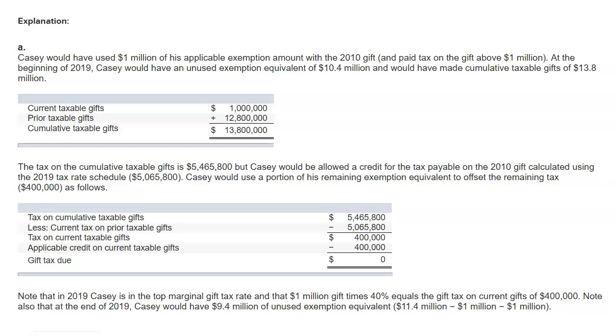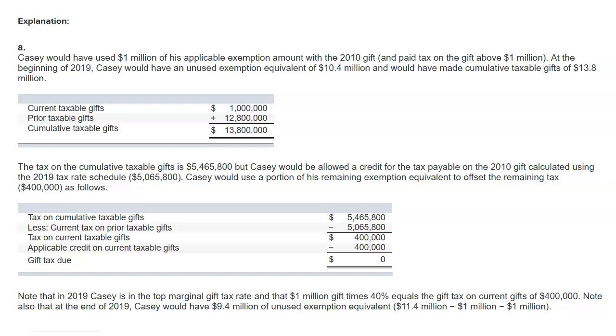Now the tax on the cumulative taxable gifts is $5,465,800. But Casey would be allowed a credit for the tax payable on the 2010 gift calculated using the 2019 tax rate schedule. Using that schedule we have $5,065,800. Casey would use a portion of his remaining exemption equivalent to offset the remaining tax, that's $400,000, as follows.